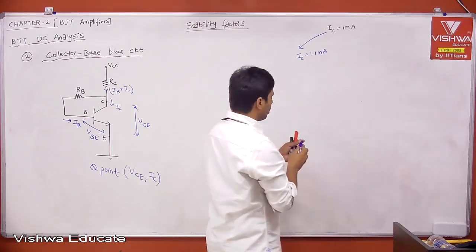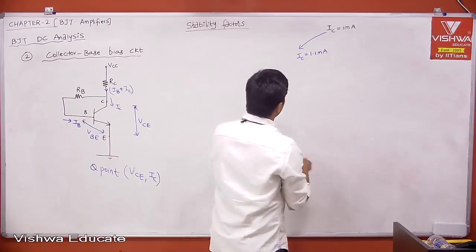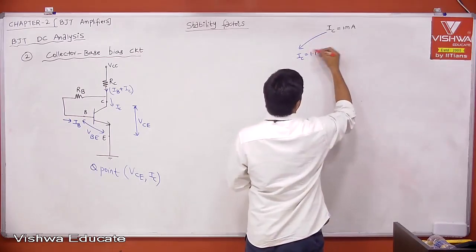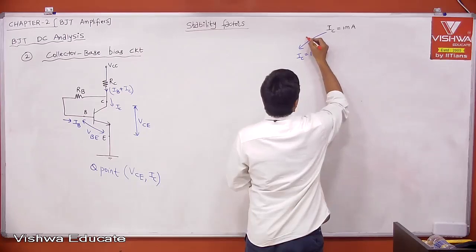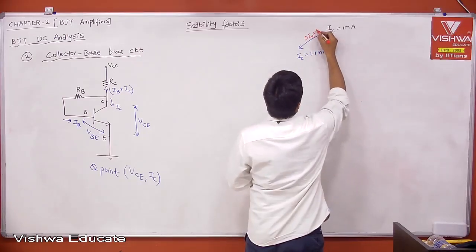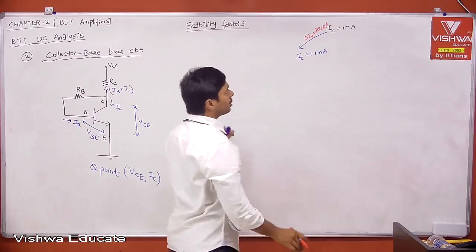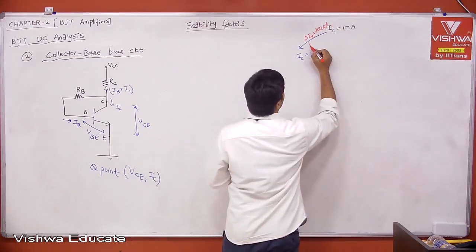Therefore, tell me, due to temperature change, due to delta T, what is delta IC? Delta IC, let us say this is 100 microampere. That is due to temperature.